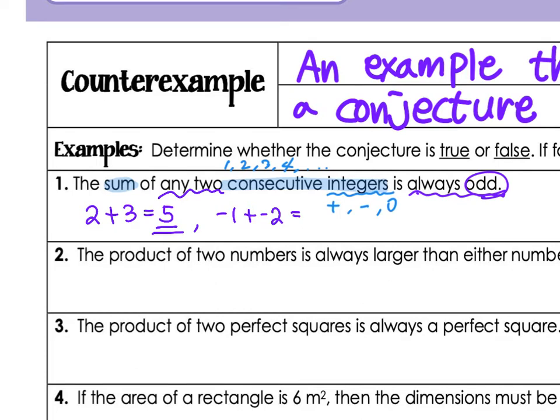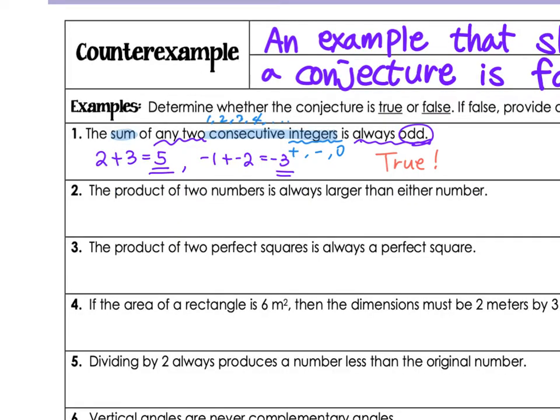So adding negative to negative, it will stay negative, and that is negative 3. Is negative 3 an odd number? Yes, it is. We can make more examples to try. So try to make some more examples rather than the ones I gave you. And eventually we will find out this will always be a true statement. So the first one is a true statement. So that means we don't need to make a counterexample.